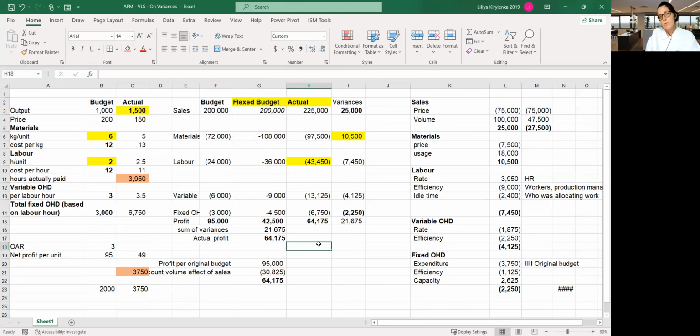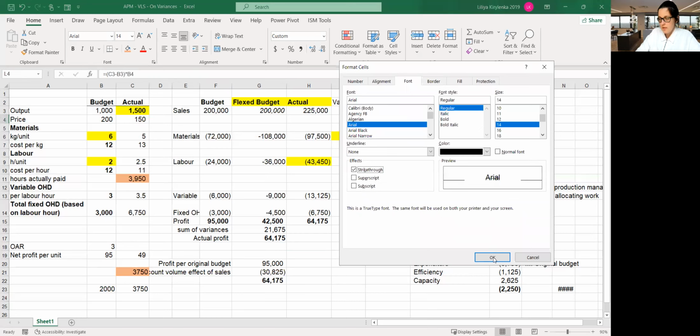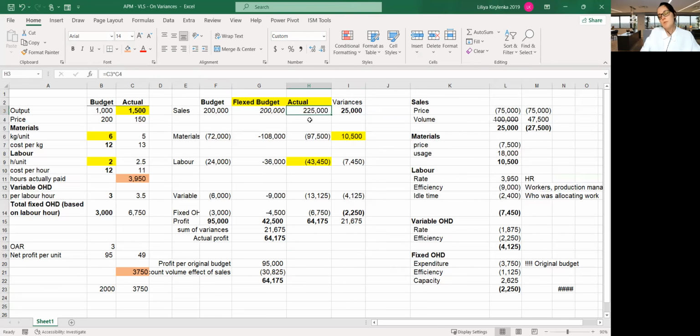Now, again, when we talk about sales variance, on some rare occasions we may calculate volume variance based on price, but that is not the best way to do that. Well, it has some logic, because it allows us to arrive from flexed budget to actual.